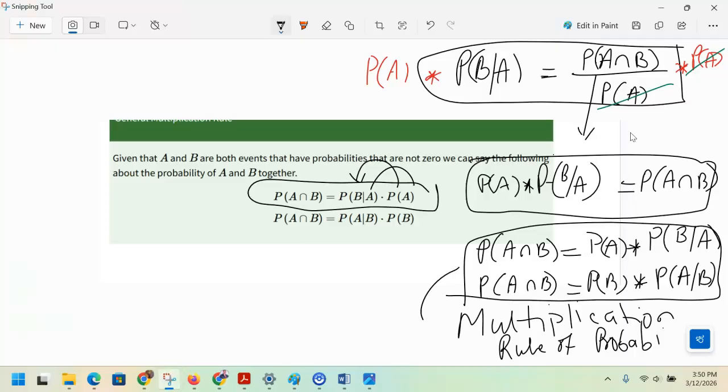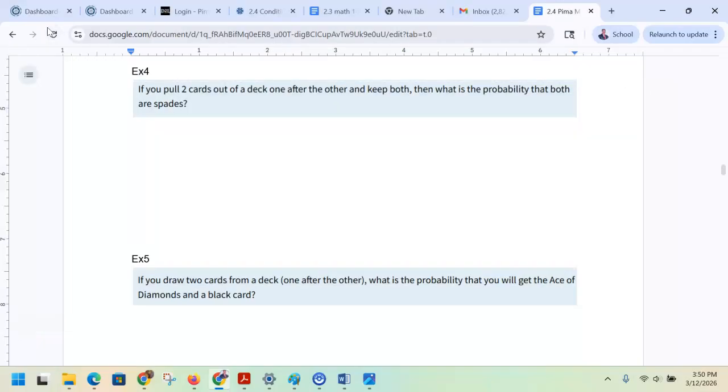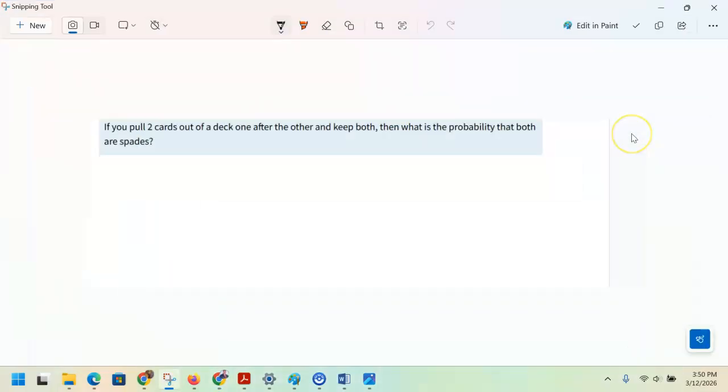So here is an example. If you pick two cards from a deck of cards, one after another, and keep both, then what is the probability that both are spades?